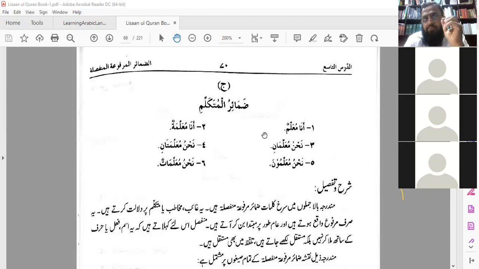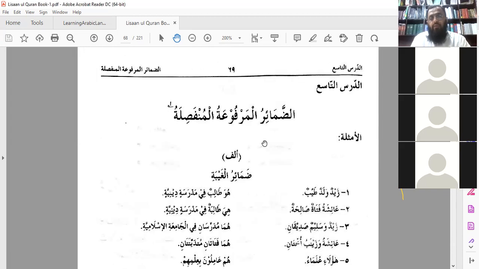I repeat a few concepts. Please remember them. These are personal pronouns, and we call them az-zamairul marfu'atul munfasilu. The word munfasil means they are used separately. They are not attached, they are detached. Like huwa, hiya, they are not attached to any noun or verb.